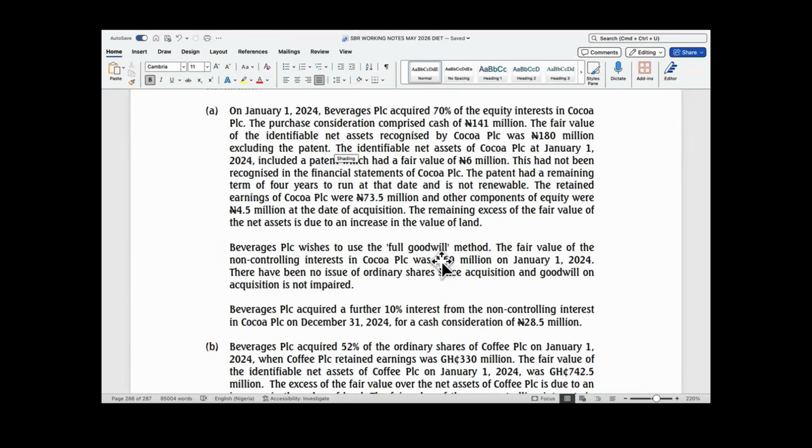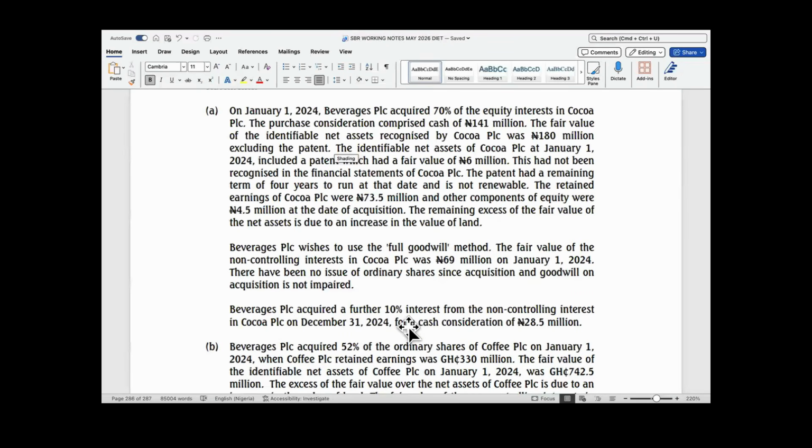That's what it means. And that's why they give us the fair value of NCI, which is 69 million, because it's using the full goodwill method, not proportionate. They said there have been no issue of ordinary shares since acquisition, and goodwill on acquisition is not impaired.